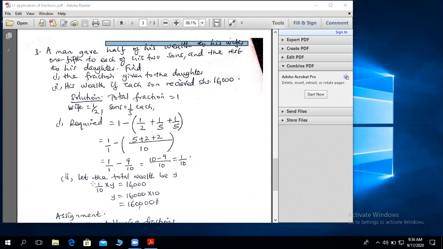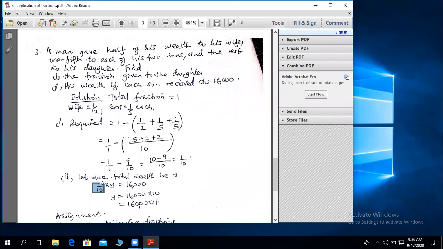So this one is supposed to be 1 out of 5. We are going to correct that. 1 out of 5 times y is 16,000. And y is equal to 16,000 times 5. And the answer there will be 80,000, not 160,000. 80,000.